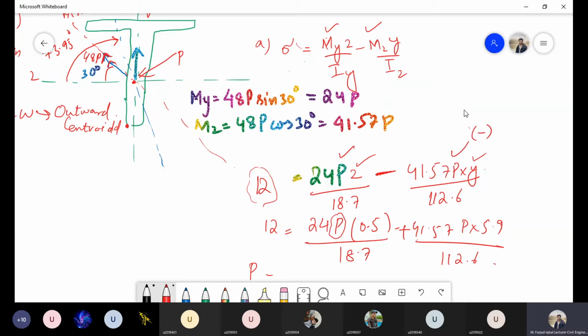Can anyone else check this? I don't have the answer for this one. Yes sir, 4.25 sir. So when you solve this one, you will see that you are getting the load as 4.25 kips. Just let me cross check.